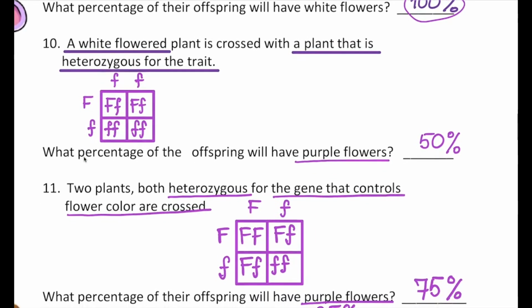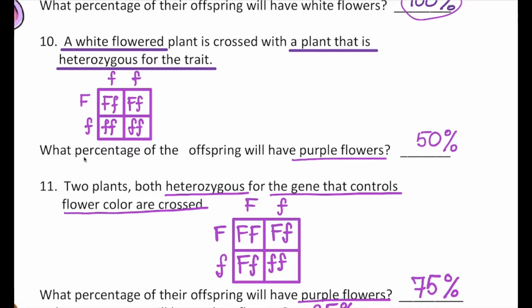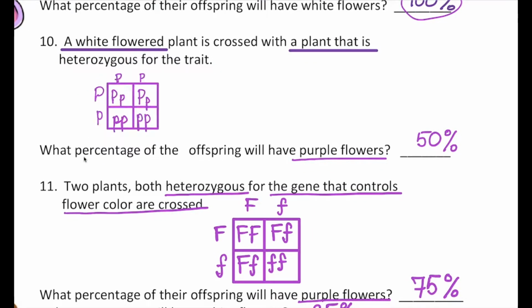All of them are going to be white. All of them are going to be homozygous recessive. And we have a white flower crossed with a plant that is heterozygous for that trait. I have my white flower, which is right here. And then I have my heterozygous right here. So your cross is going to be heterozygous versus homozygous recessive.